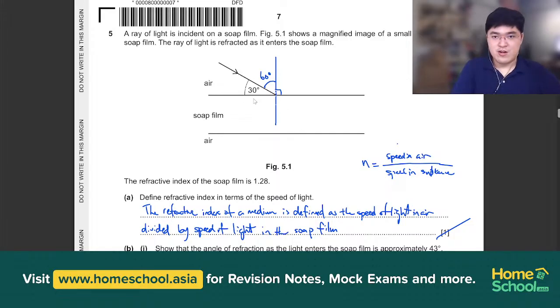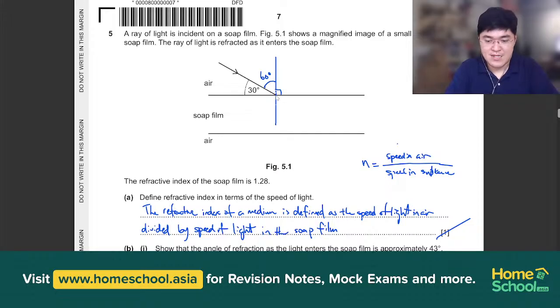So please put your protractor over here like this, okay, and then measure like that, 43 degrees. Now once that's done, you should get something like this.